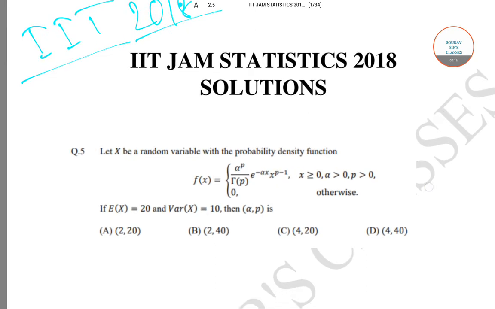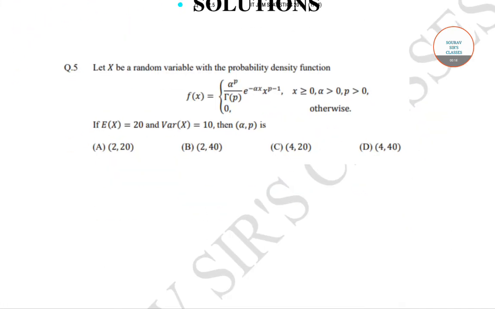So now let's start with question number 5. In question number 5, we are given that x is a random variable.